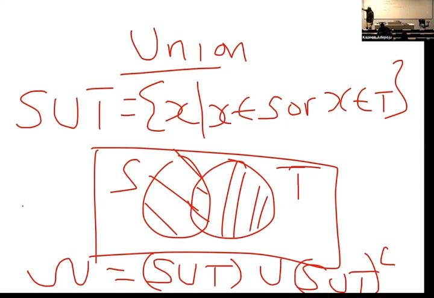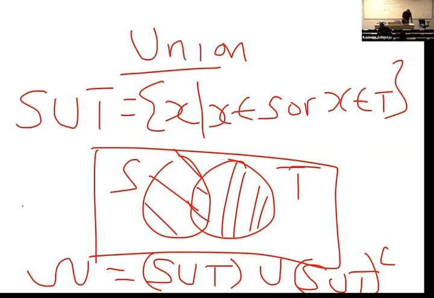The universal set is a combination of the union and the one outside it. The one outside it is the complement of S union T. I want to believe the whole world did not come to the party. Others that were not invited are the (S union T) complement.